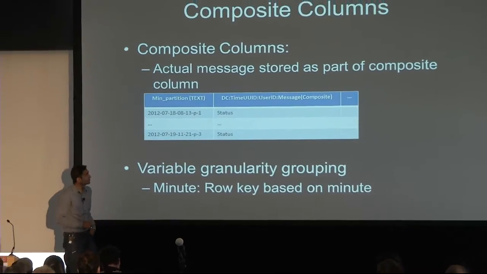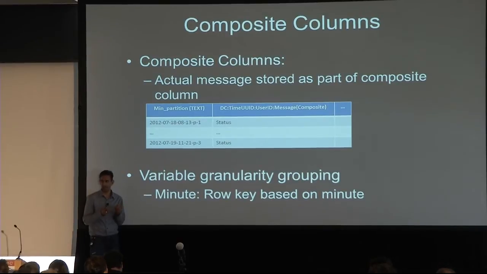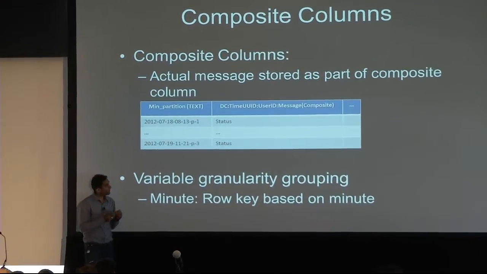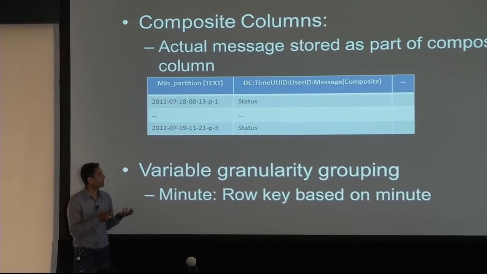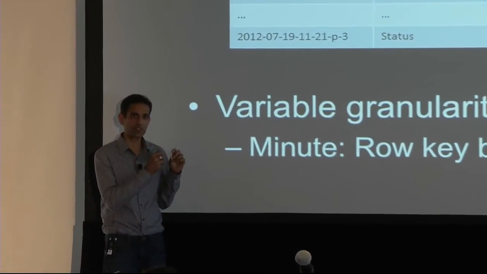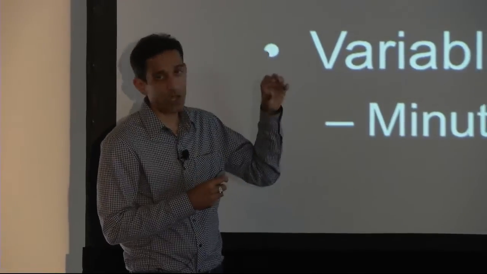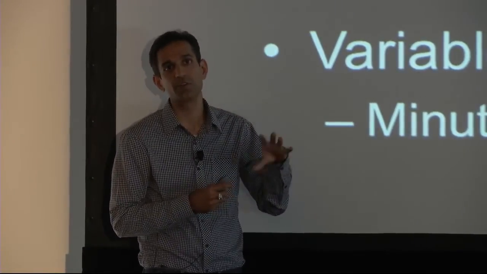The other thing we used was composite columns. In composite columns, when you are structuring this composite entity, it would be wiser to structure the columns in such a way that the granularity of these columns goes on increasing.